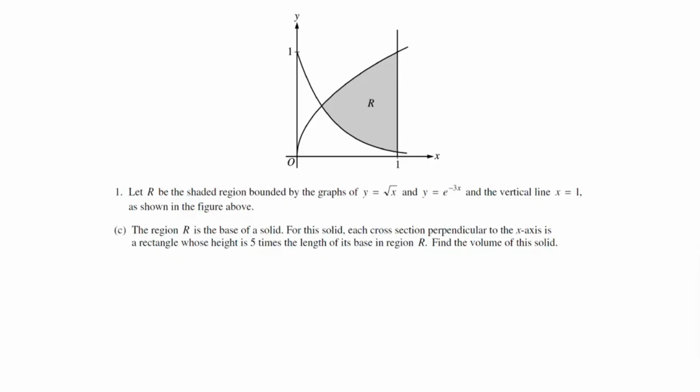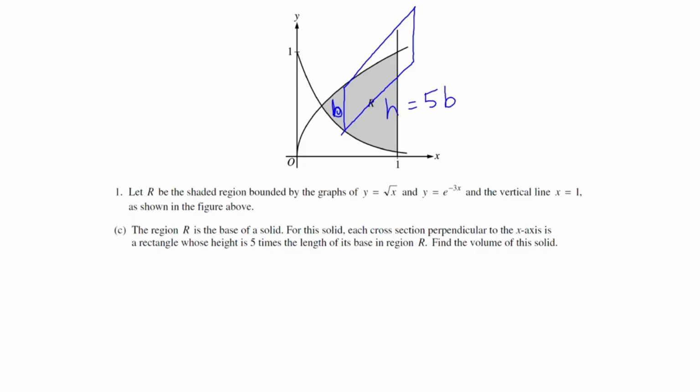Here in part C, we're looking now at the region being the base of a solid, and each cross section, perpendicular to the x-axis, is a rectangle whose height is 5 times the length of its base, which stretches across region R. So here's the base, and coming out of the screen, right, is the height, which is 5 times the base.